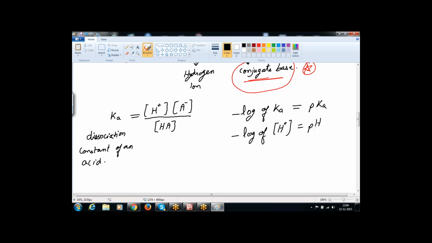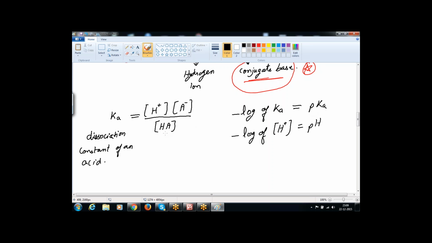Because if I right away talk about pKa, you will not know what pKa means. pKa is just the measure of how much an acid is capable of dissociation, how many ions it can produce and how much of it will remain undissociated.